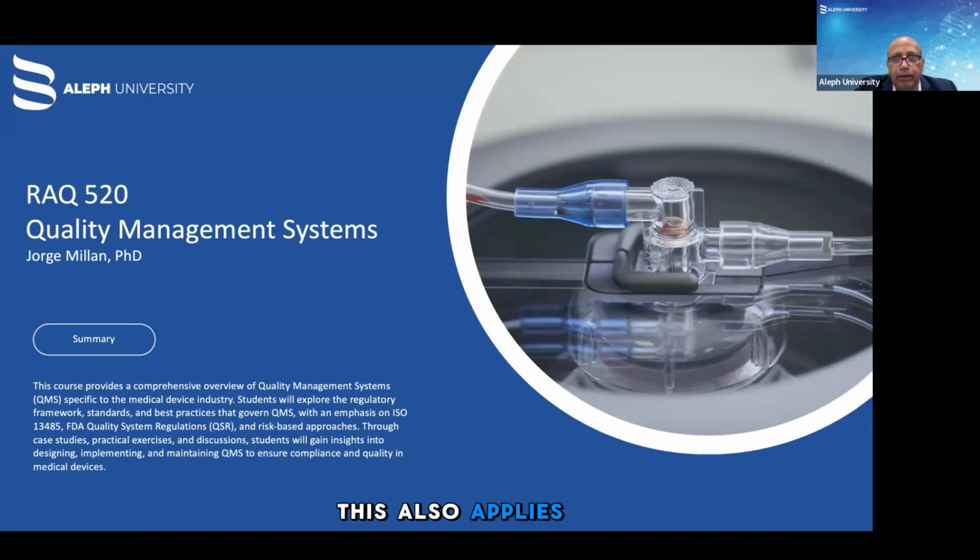Most of this also applies to the food and pharmaceutical industries, cosmetics, but we're going to refer to medical devices, and potentially we're going to have a class that talks about additional aspects on the pharmaceutical.